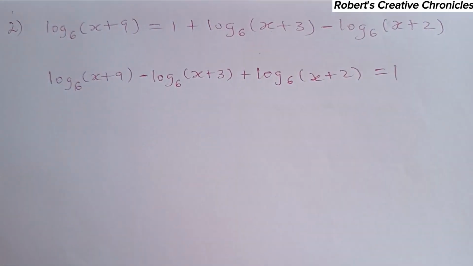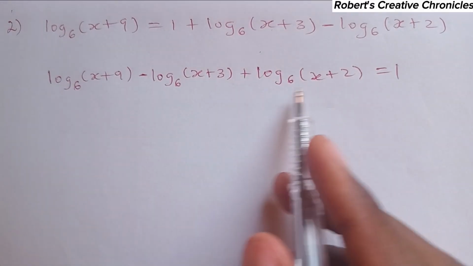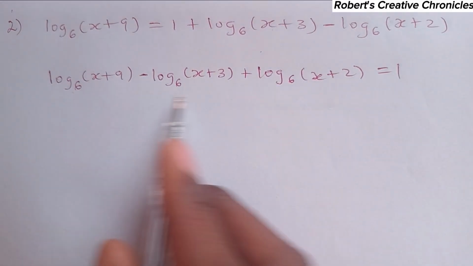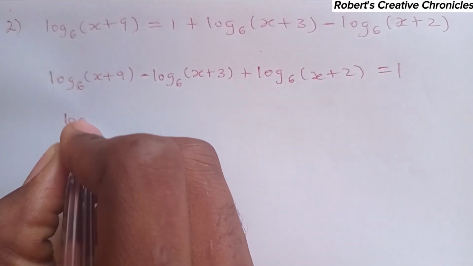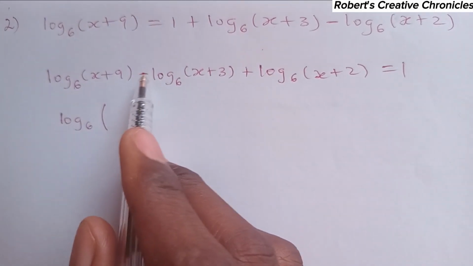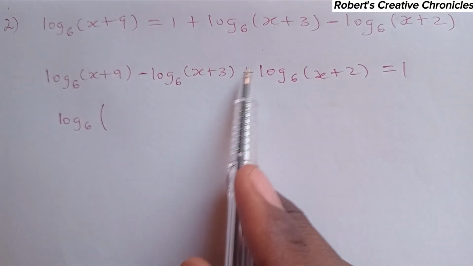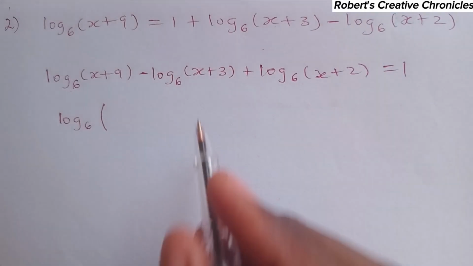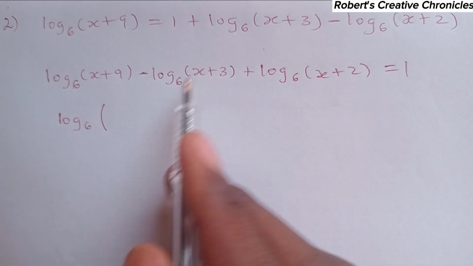is equal to 1. Now, according to the law of logarithm, these logs all have the same base, which is 6, so we will simplify. Since there's a minus here, this will be divided, and since there's a plus here, the numbers in front will be multiplied.